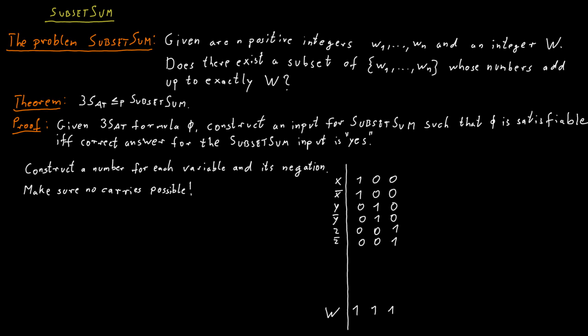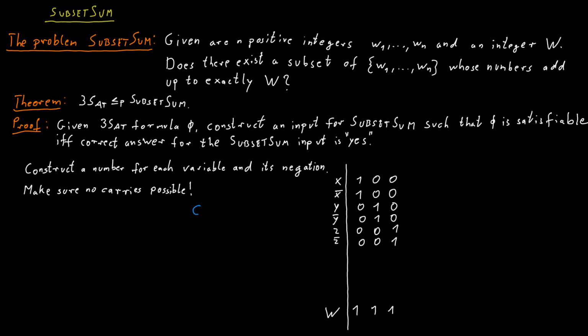The other thing we have in 3-SAT is clauses. So in 3-SAT, we have a Boolean formula that is composed of clauses, and we want to satisfy all of those clauses at the same time. And each clause is an OR combination of a number of literals.